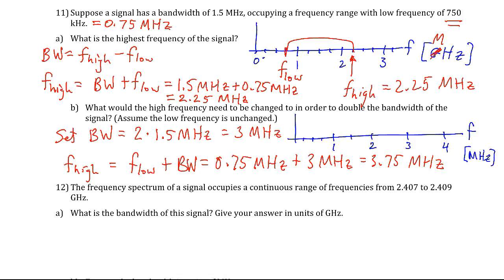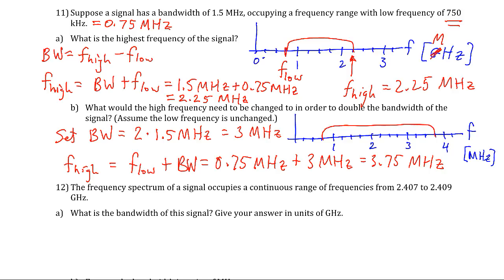So these are the 0.25, 0.5, 0.75 values for each. And I'm going to draw my picture to show the spectrum here. And it's going to go from 0.75 megahertz up to 3.75. So 0.75 is here, and then 3.75 is here. So I just draw that in from 0.75 up to 3.75.